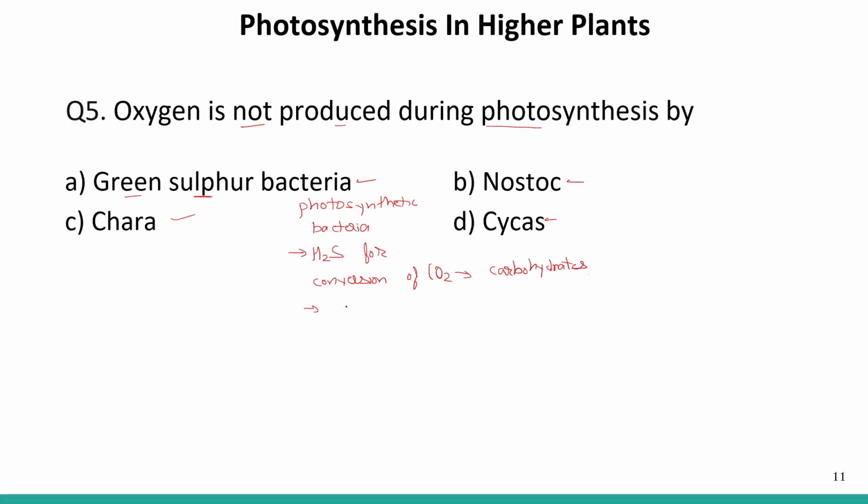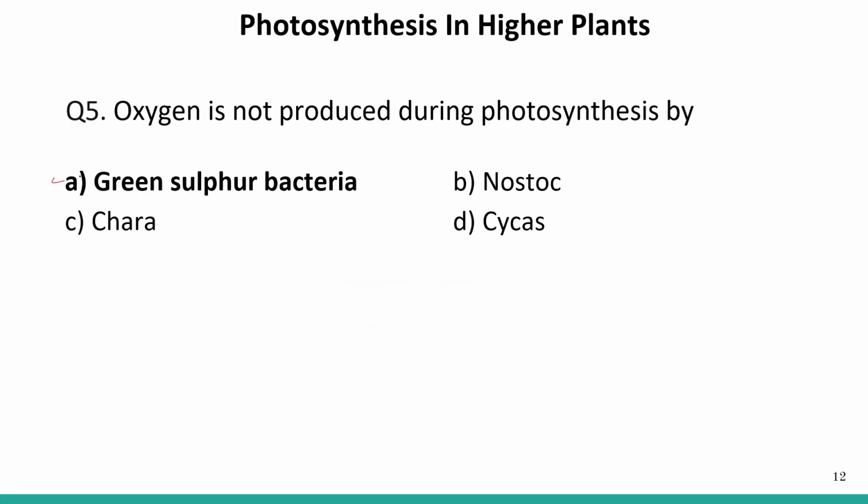Sulfur is produced here instead of the oxygen. Oxygen is produced when we use water. If we replace H2S with H2O, then oxygen will be released. So green sulfur bacteria is the correct answer here.